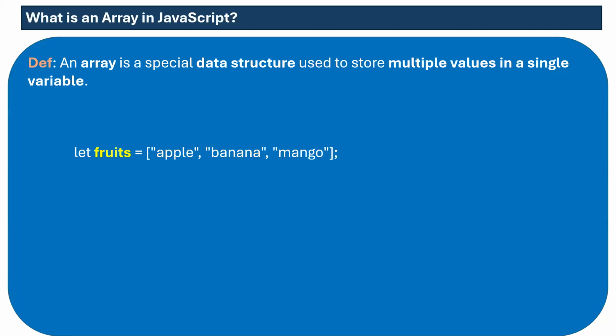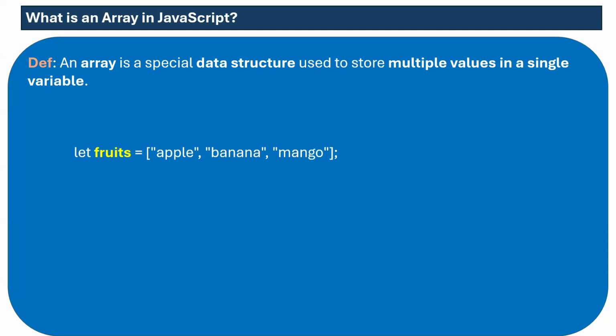Now, guys, I created a simple array. If you see, let fruits, and see the representation is very straightforward. Let, array name, equals, in square brackets, directly you can give your values. Your values may be numbers, booleans, strings, whatever it is. So these are the array representation.